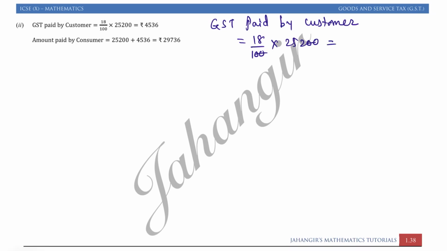If you do the multiplication of both, you will get 18 into 252, that is equal to rupees 4,536.